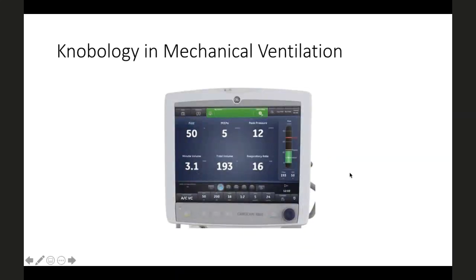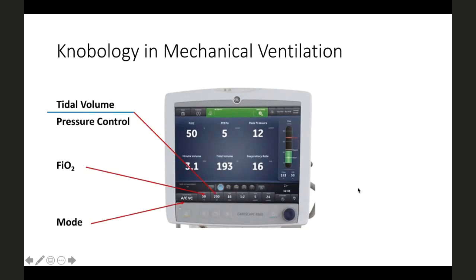Now, after this 3-day program, you should be confident in approaching a mechanical ventilation scenario when you take handover and all. So that we should be familiar with the knobology. What are the knobs or settings that we usually come across? We'll go step by step.